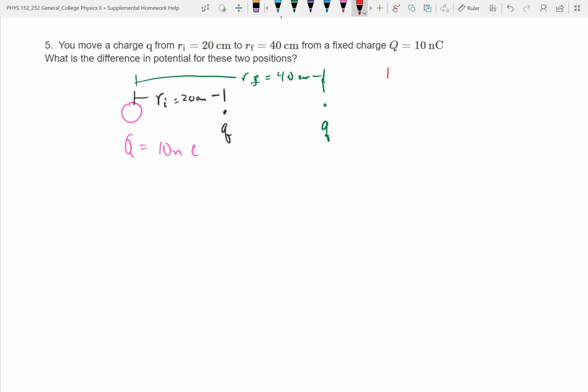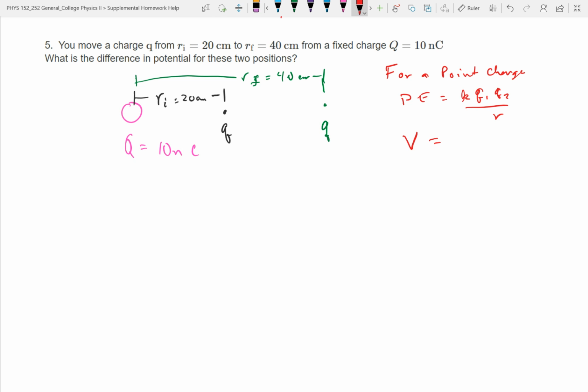For a point charge, potential energy is K Q1 Q2 over R, and remember, technically potential energy is a change.